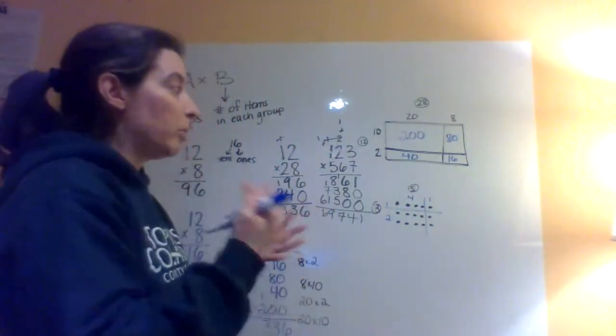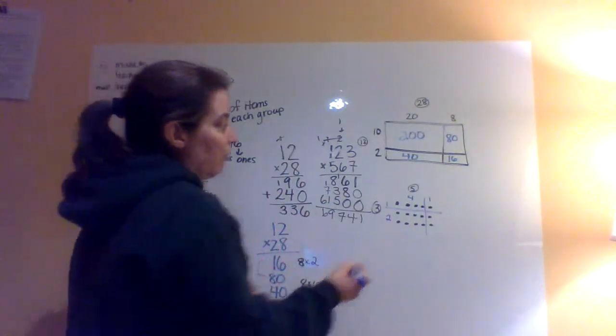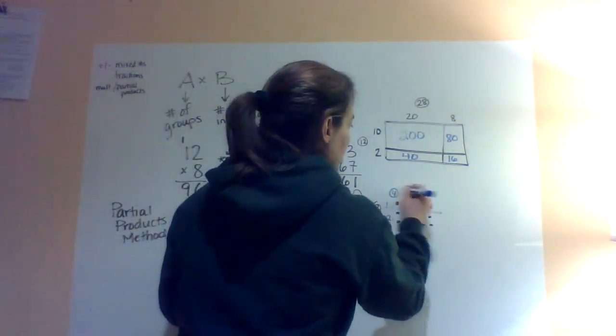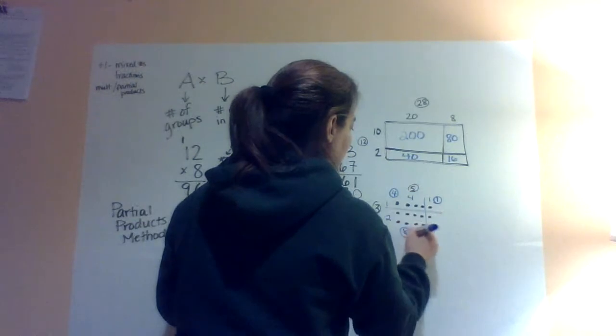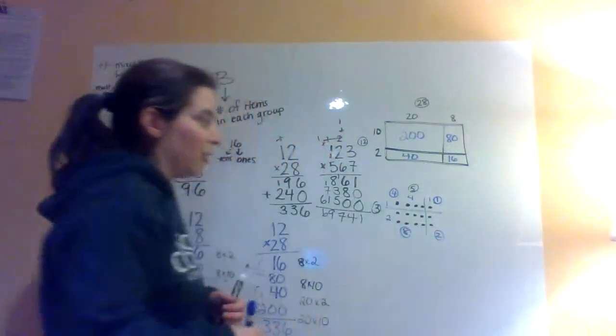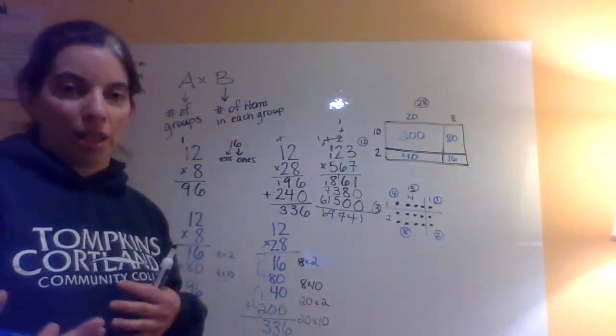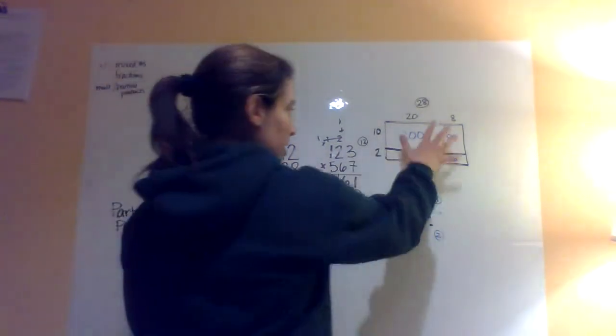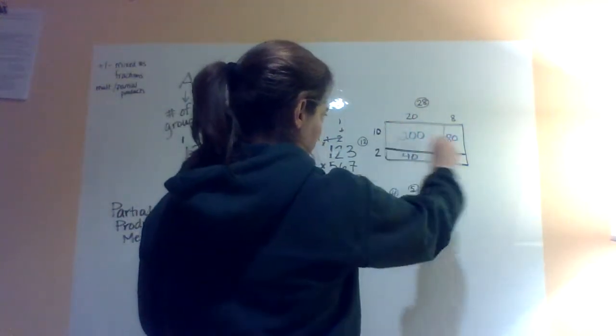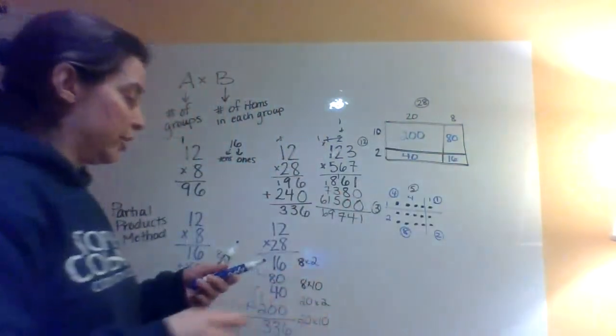I haven't changed anything. If you add those up, you still get your 15, which is 3 times 5. When we're doing the multiplication partial product, we're splitting it up by place value.